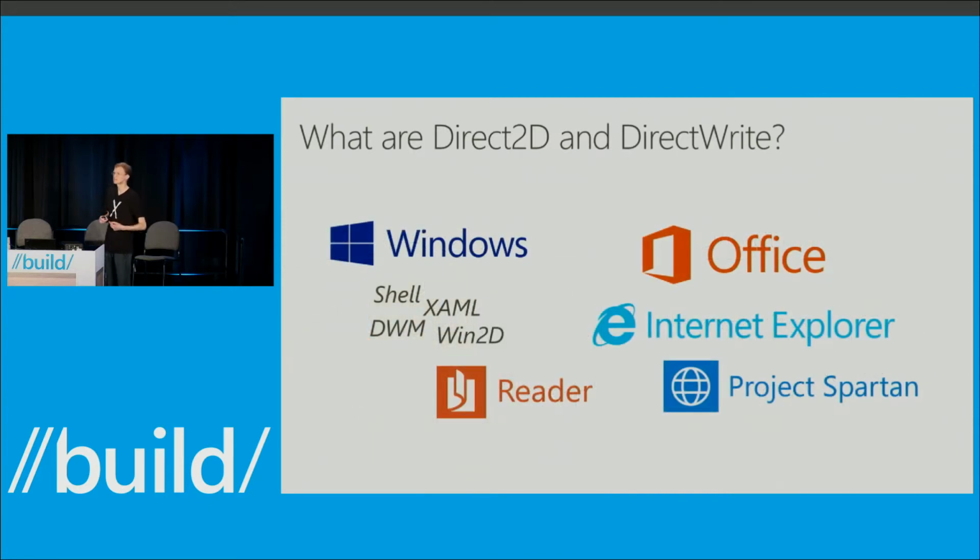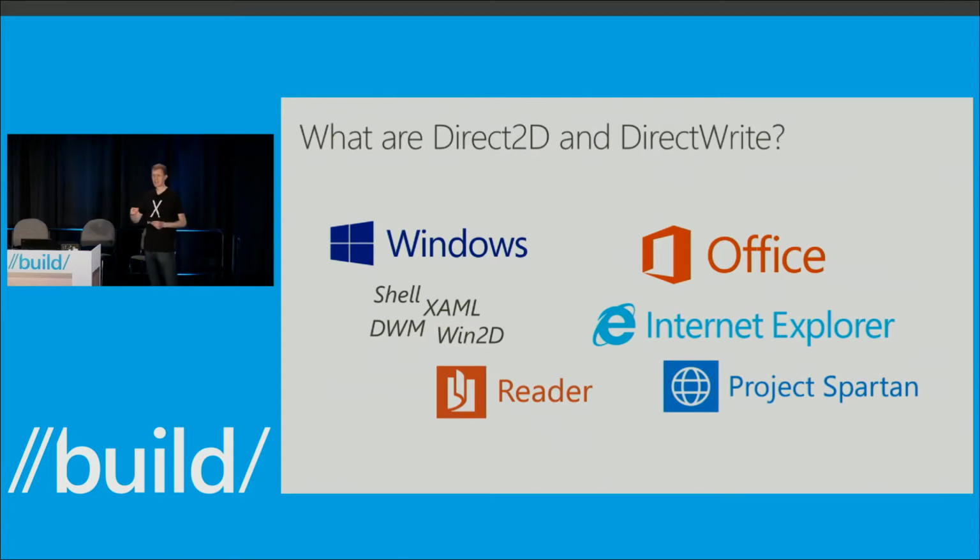Now, both Direct2D and DirectWrite are foundational components of the OS. They're used widely throughout Windows. So for instance, it's used by the shell and DWM. It also drives a lot of the rendering inside of XAML. So if you're a XAML developer, you're actually already taking advantage of the hardware acceleration that DirectX provides for you.